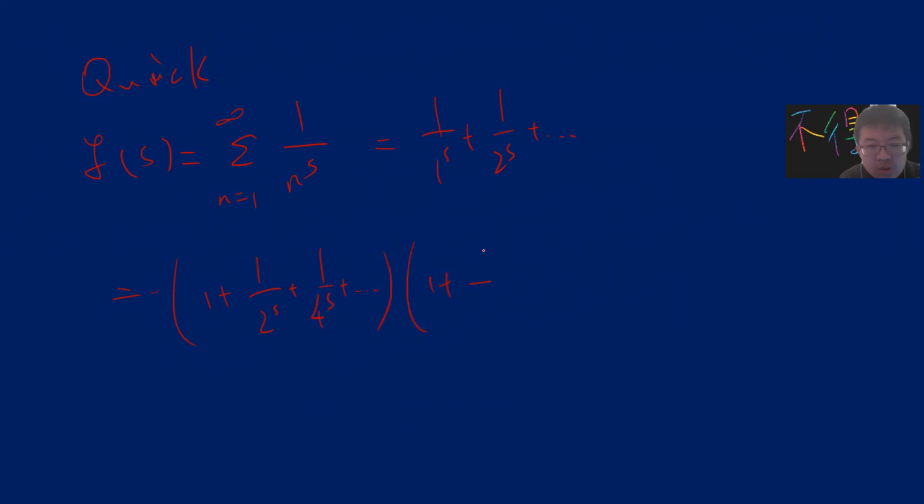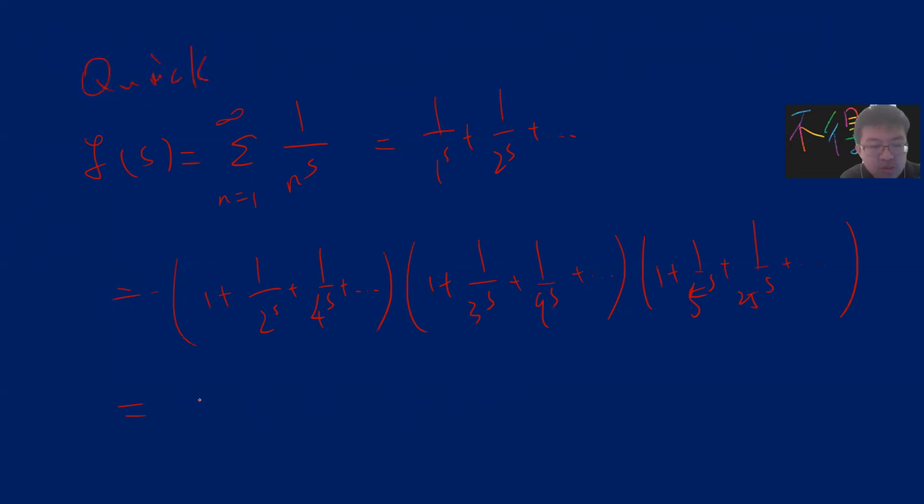Okay, so one quick example that I just quickly show. Because the formula is previous, I already showed the formula, so let's quickly see the standard zeta function. You can check this. You can say that it's just all the products, right? So you can write it as 1 plus 1 over 2s, 4s, 1 plus 1 over 3s, 9s, 1 plus 1 over 5s, 25s.